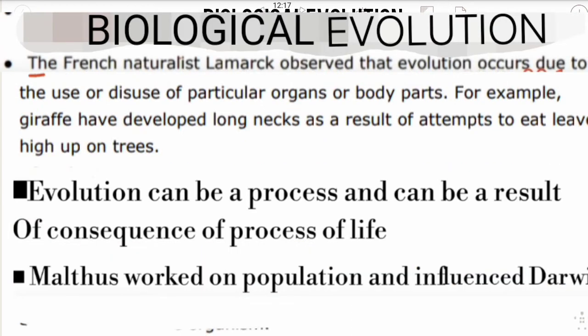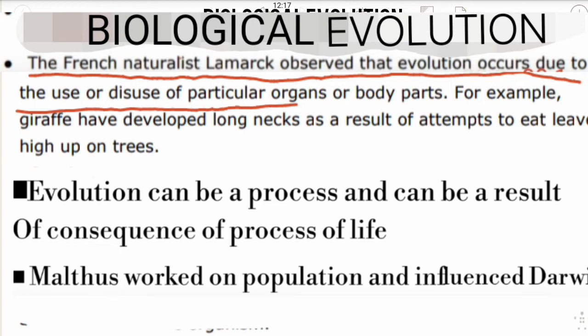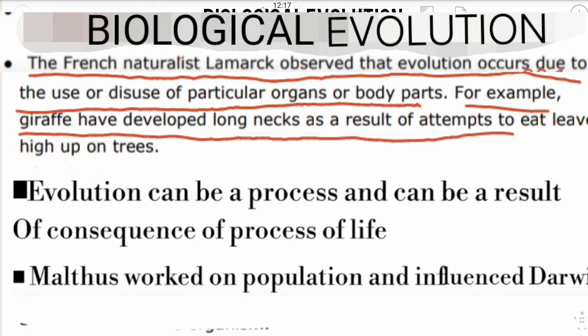The French naturalist Lamarck observed that evolution occurs due to the use or disuse of particular organs or body parts. For example, giraffes have developed long necks as a result of attempts to eat leaves high up on trees. Lamarck gave his theory in simple terms, so we call it the theory of use and disuse as well.